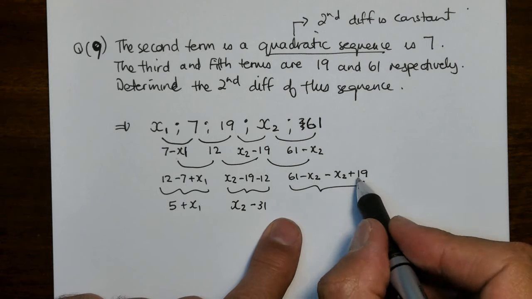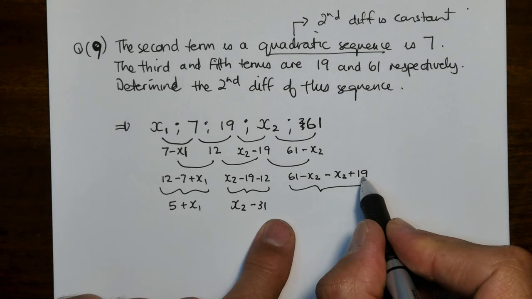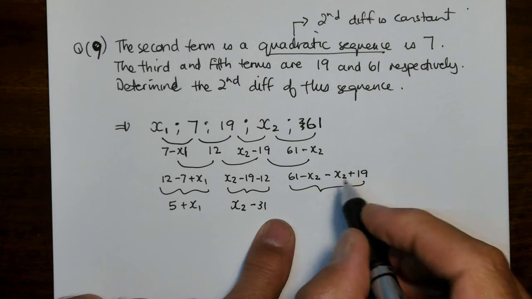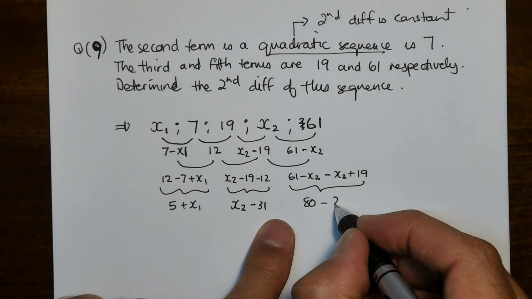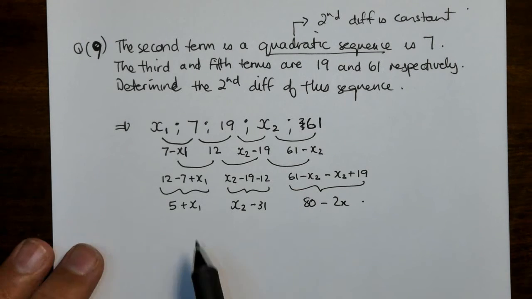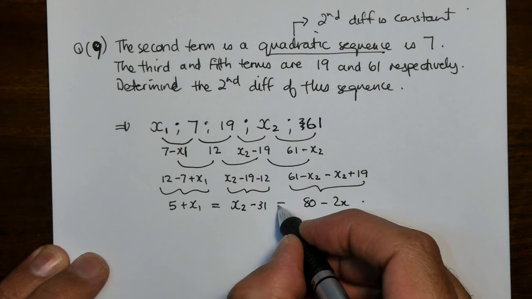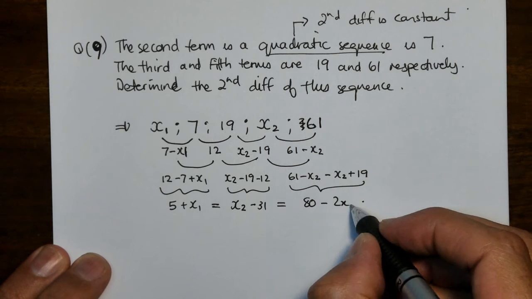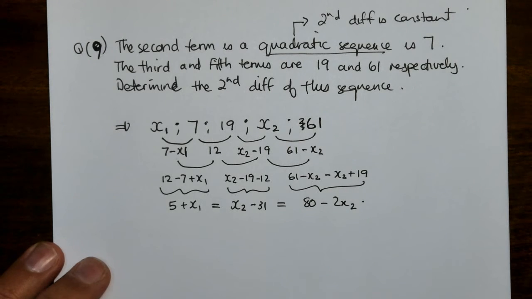Over here I have 61 plus 19. That gives me 80 minus 2x2. Now I know that this is equal to that is equal to that. Okay, so I'm looking to solve x2 and x1 for that matter.